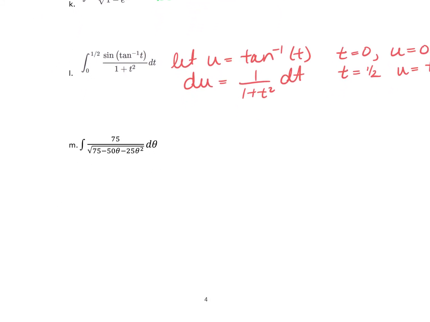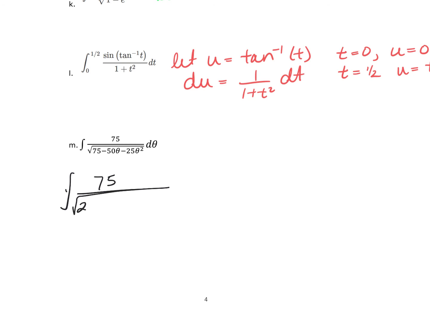Now, m is the last one I wanted to look at. M is nothing like we've seen before. So what I'm going to do is make it look something like we've seen before. So this is 75 over. If I take a look at m, I can factor out of the denominator a 25. Each one of those terms underneath the square root has a 25.